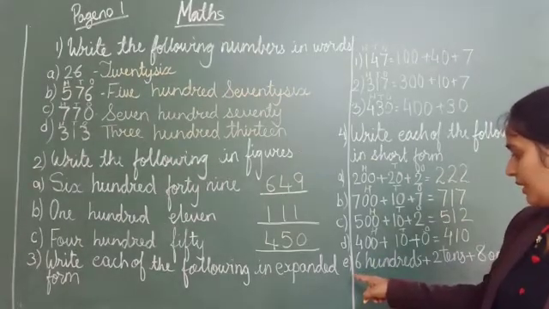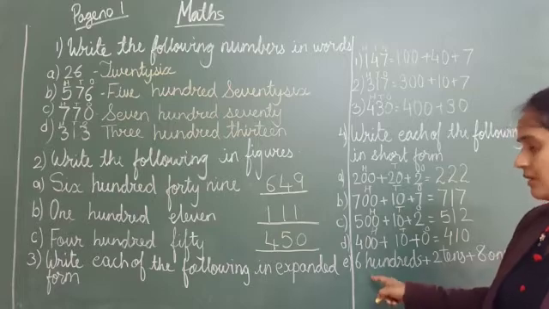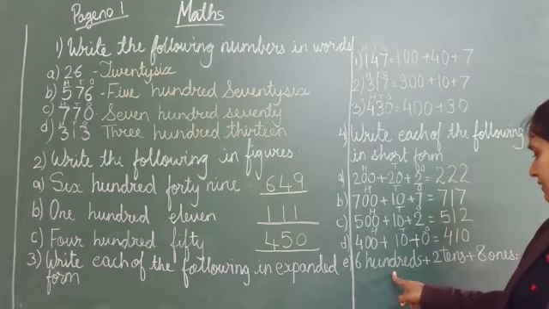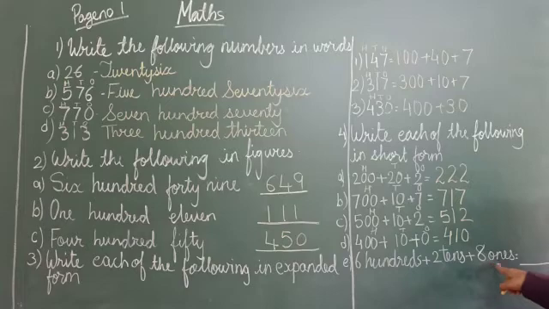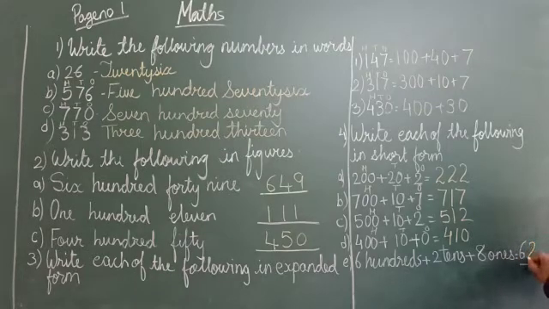Now we have 600, 2 tens, 8 ones. 600 means over here 600, 2 tens, and at ones place we have 8. So that becomes 628.